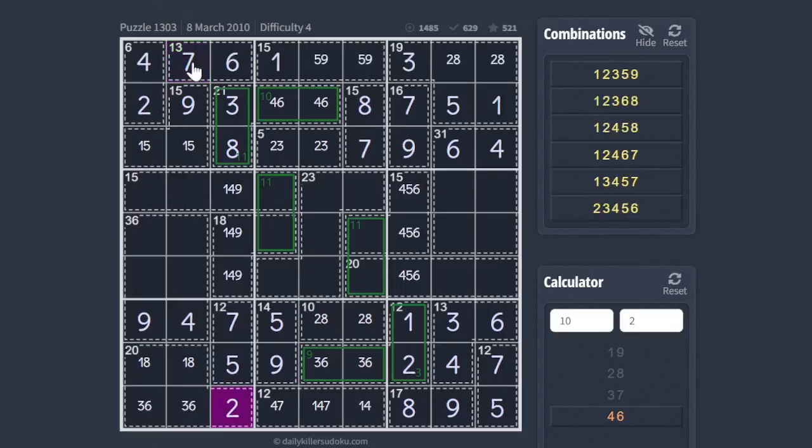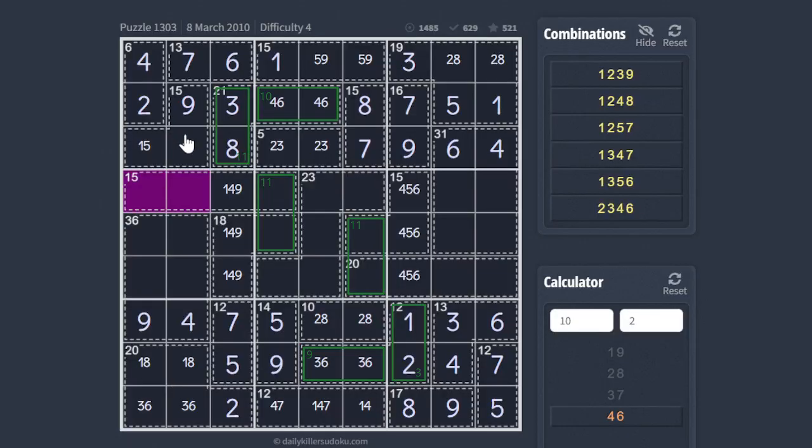This one sticks out and this one sticks in, so we can use this as a 20 minus the 2, and we can use this and add the 7, and we're able to combine that with this 36 cage and calculate the sum of the protruding part of this 15 cage that sticks into our 2 columns, columns 1 and 2.